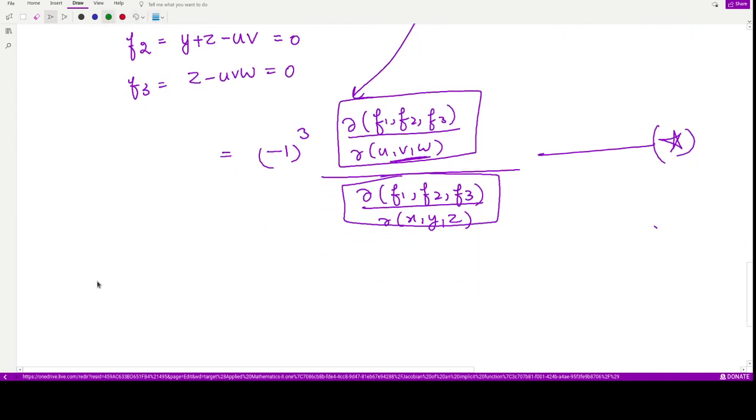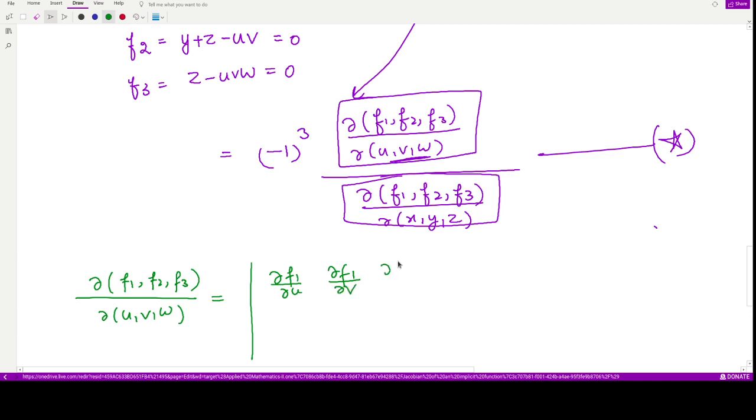So firstly we'll compute del of f1, f2, f3 with respect to u, v, w. So that means what is the value here? It is equal to del f1 by del u, del f1 by del v, del f1 by del w, del f2 by del u, del f2 by del v, del f2 by del w.